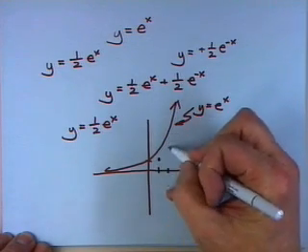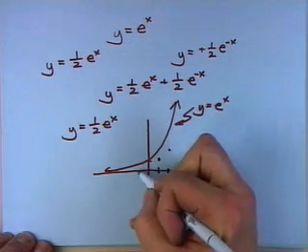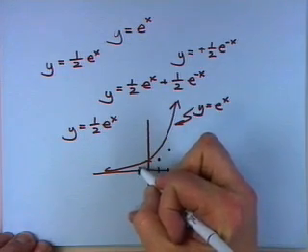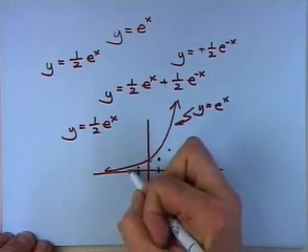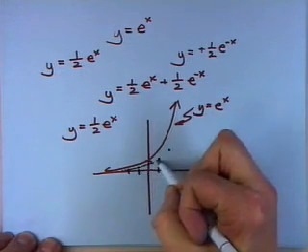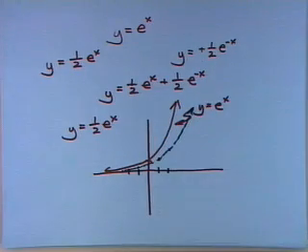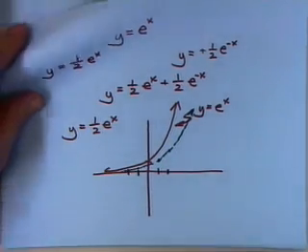Or at this x value, I don't want all that, I want half of that, right? Or at this x value, I don't want all that, I want half of that. So if we start connecting those dots, it's a similar shape, right? Just goes up a little slower because we've basically cut the y values in half for each individual x value. So very similar there to y equals e to the x.